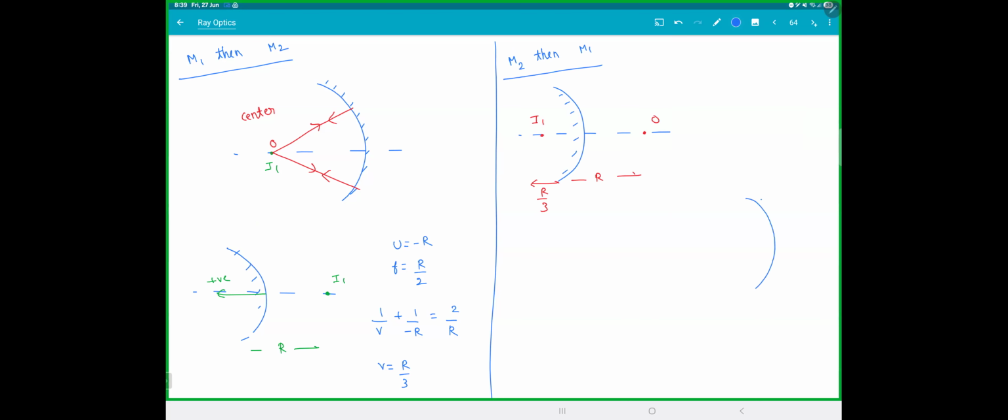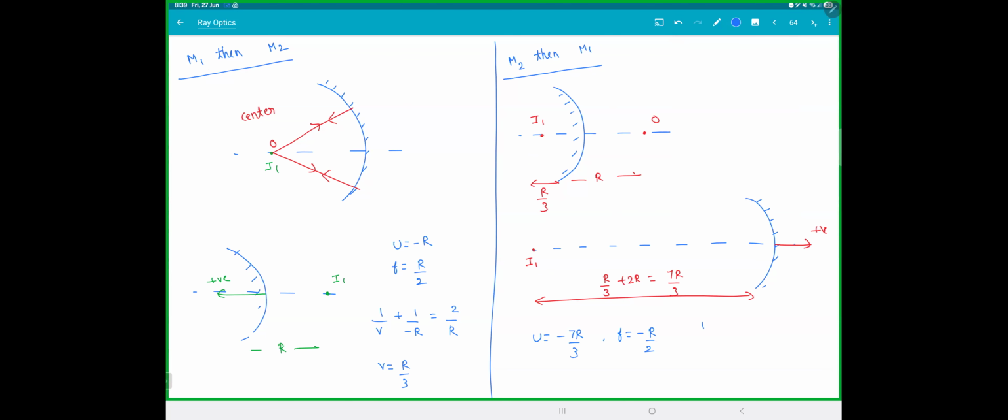Now be careful that distances are always measured from the pole of the mirror, isn't it? So if this is I1, the distance is R by 3 plus the distance between the mirrors, 2R, which is 7R by 3. The direction of light rays is positive, so right is positive. U is equal to minus 7R by 3. Focal length is equal to minus R by 2.